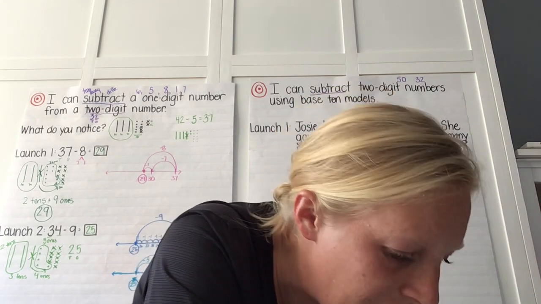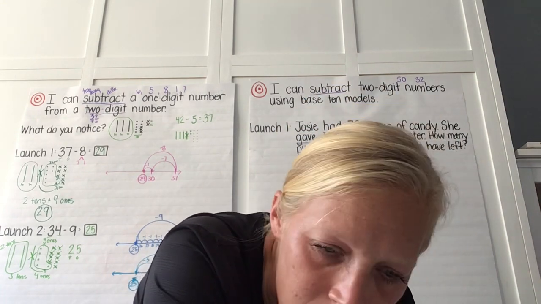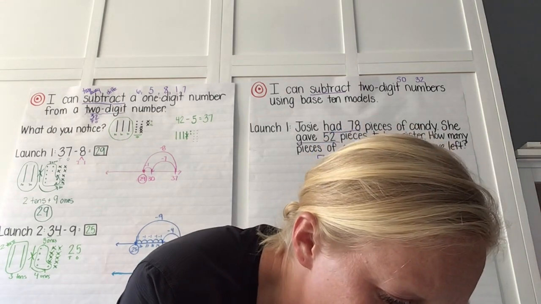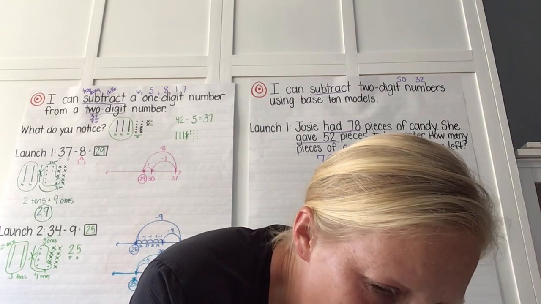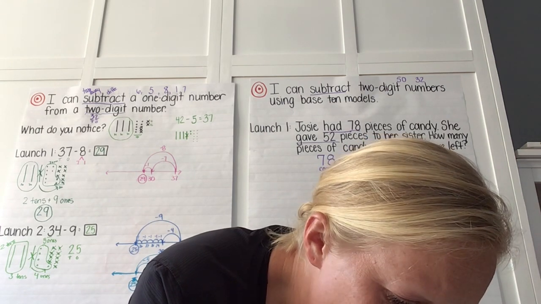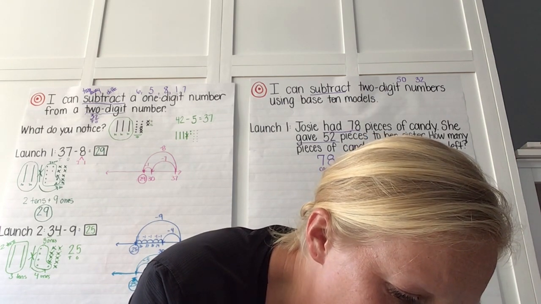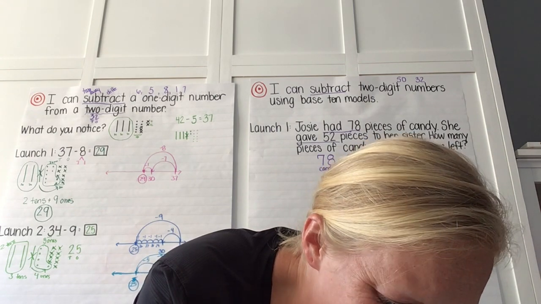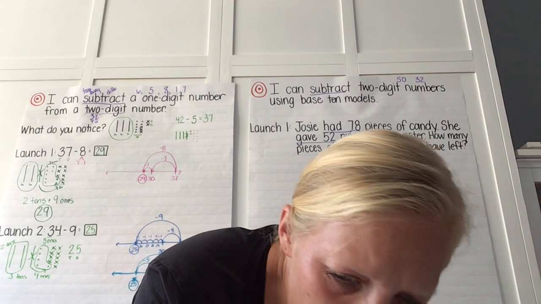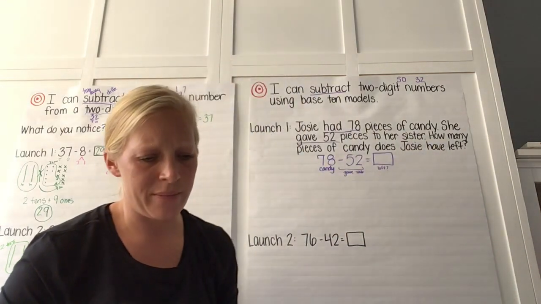Where is your 78? Where's your 52? How can you find the number of candies that she has now? Where are the candies she has left? Where would you put that in the equation?